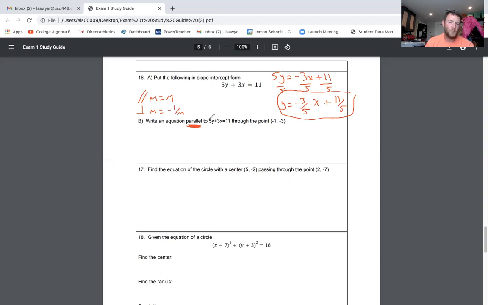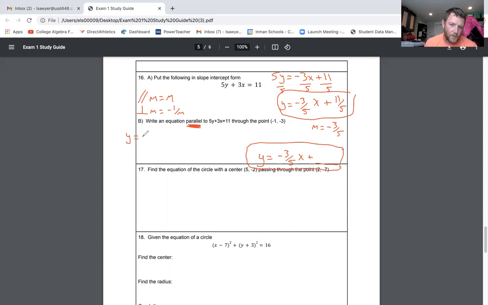This one says parallel. So on this one, I know my slope is equal to -3/5, and since it's parallel, it's going to be the same. So I'm going to go ahead and write my solution like I've done every other one: -3/5 x plus something. Go ahead and box it so I know that's my answer when I'm done. And now I'm going to go ahead and work it out.